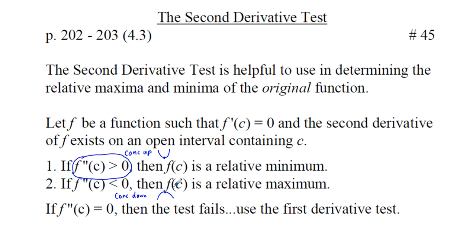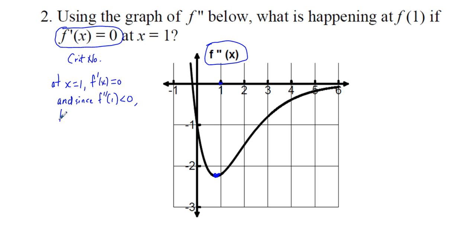Less than 0, then f of c is a relative maximum. Then f of 1 is a relative maximum. We can just, for authority, say, according to the second derivative test.